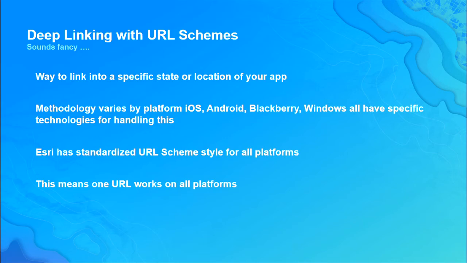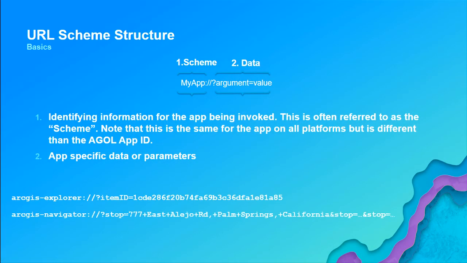So you can develop something, put it into a web map, have a link in a pop-up, and it will fire off no matter which device you are on, as long as there is a native app for that device. So simply, this is kind of what it looks like. You have the beginning, which tells you what app you want to fire off.